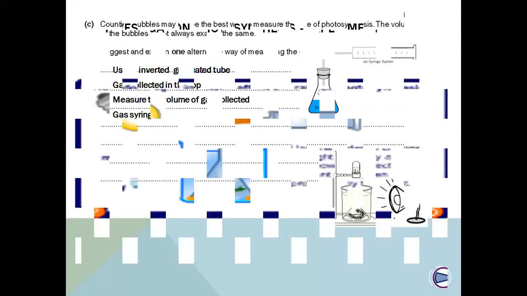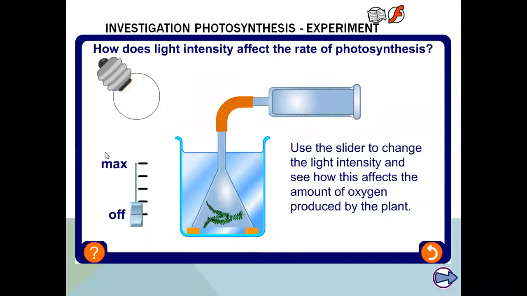Now, let's suppose this is the experiment: how does the light intensity affect the rate of photosynthesis? Definitely, if we increase the light intensity, the rate of photosynthesis will increase. Let's see, the bubbles are being produced here, right?